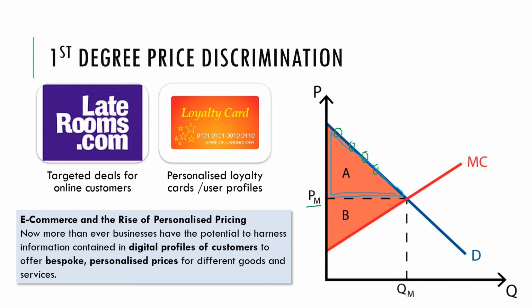There is not a difference between the price the consumer is willing to pay and the market price PM. The price the consumer is willing to pay is now the price they actually do pay. So the area A, consumer surplus, now belongs to the producer. So the producer surplus area is not just B, it becomes B and A if the business can implement first degree price discrimination.